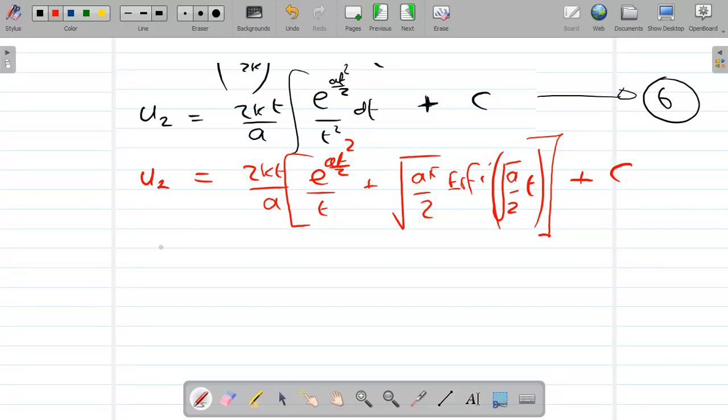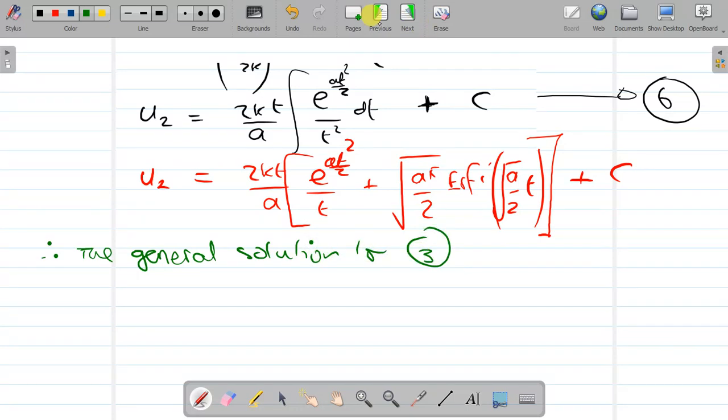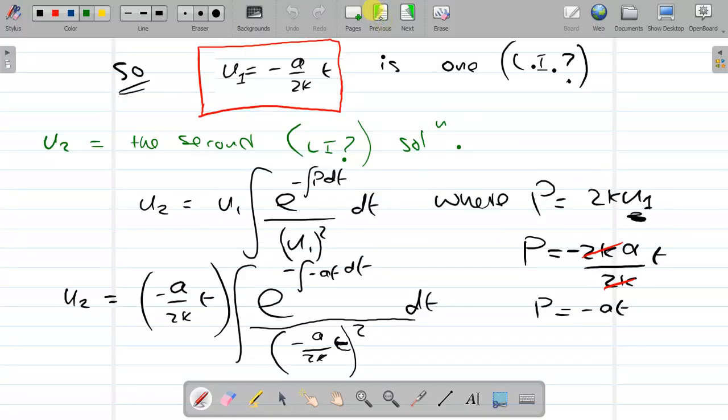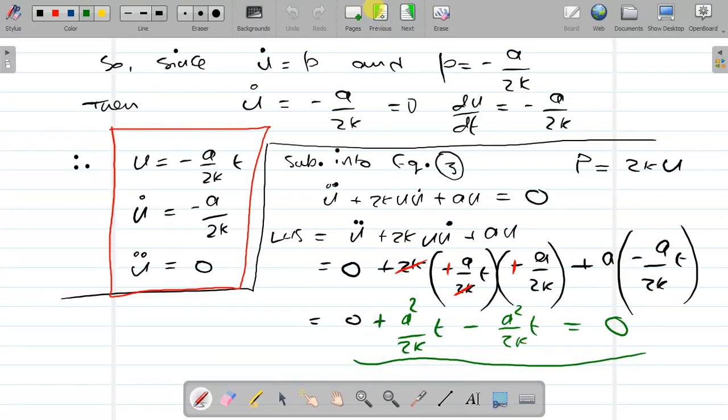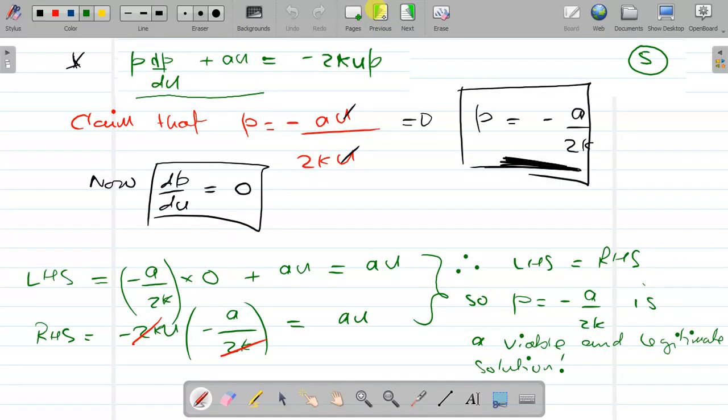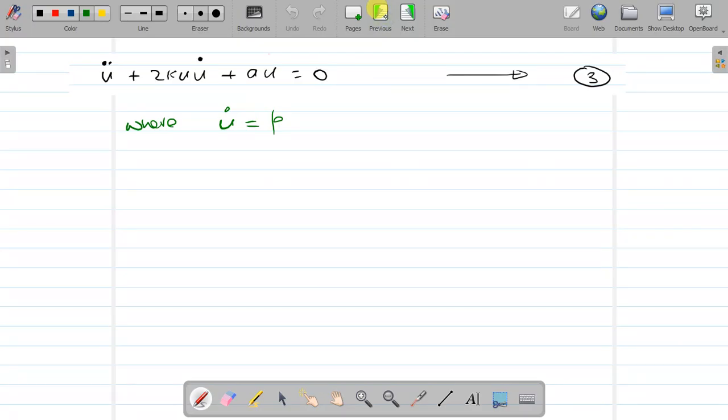So, therefore, the general solution to equation 3, let's just go back and have a quick look at that. It is there, but I wanted, yeah.